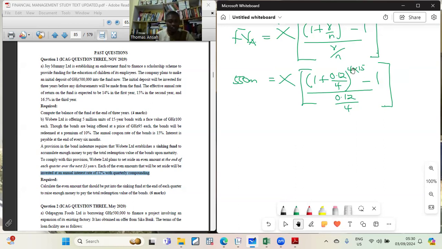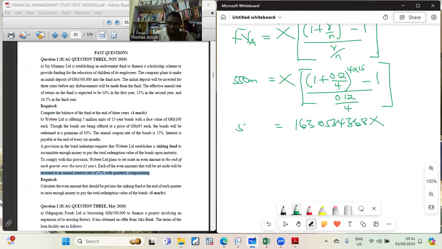It gives me 5.89 something. Then I minus 1. Then I divide it by 0.12 over 4. Then I get 163.0534368. You don't need to write all, you can just limit it.